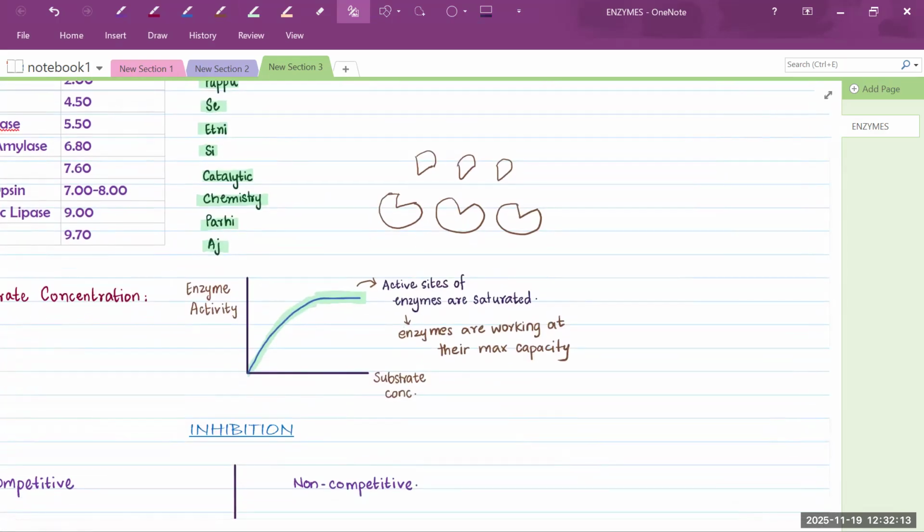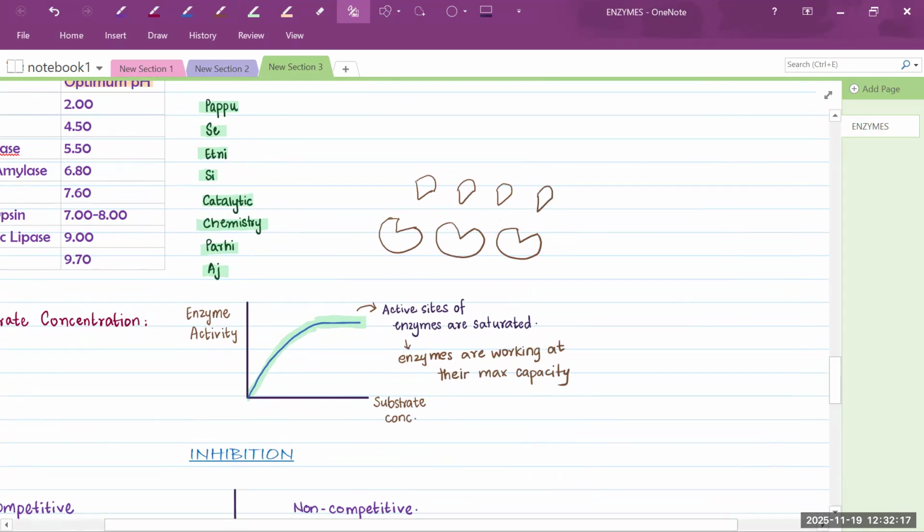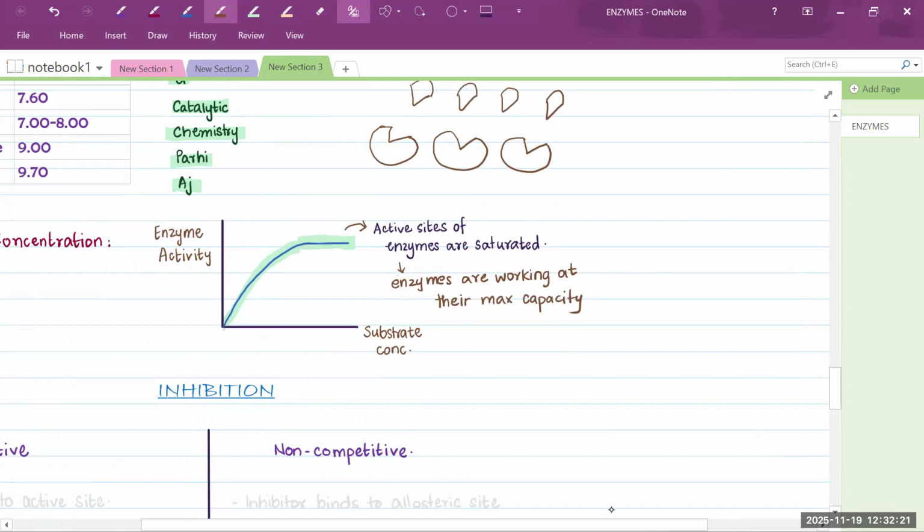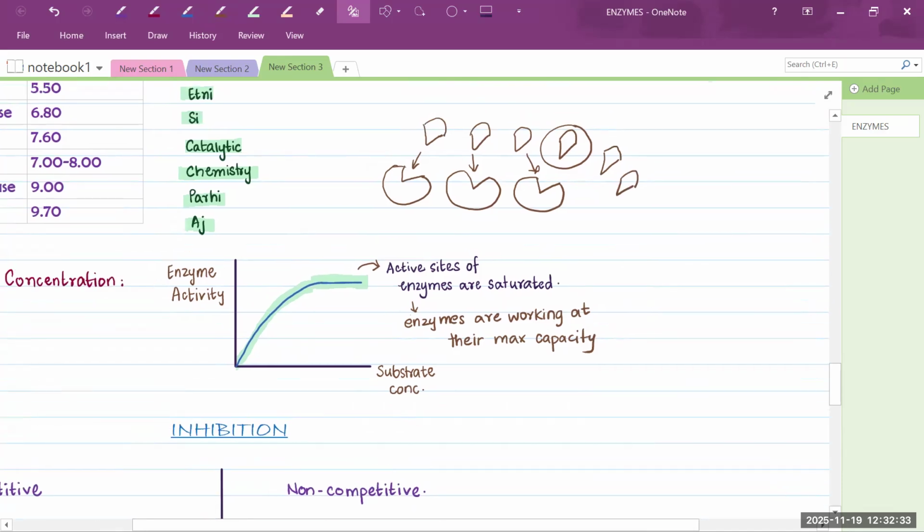But if we add one more substrate, now we do not have an enzyme for it to act on. That means all the active sites will be filled, one by this, one by this, one by this. Now this substrate is left. What if we add another substrate? The case will remain the same. All the active sites are filled. The enzymes cannot work anymore.